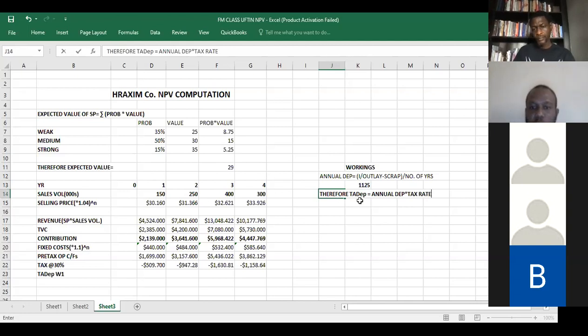So that's equal to that figure multiplied by, you said the tax rate is 30%. Okay, so that gives us 337.5.